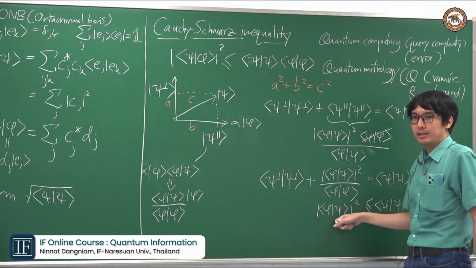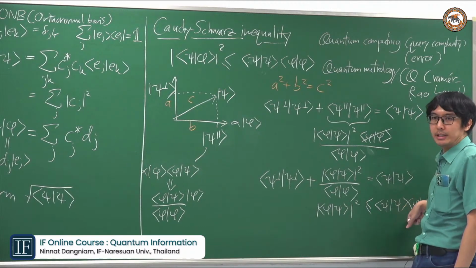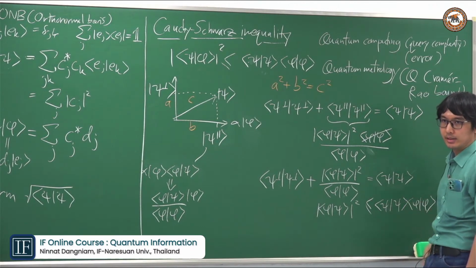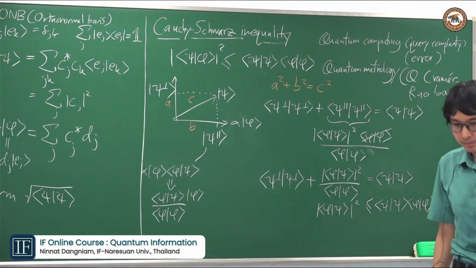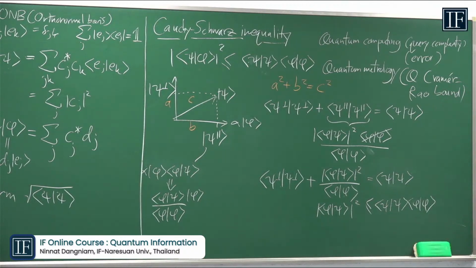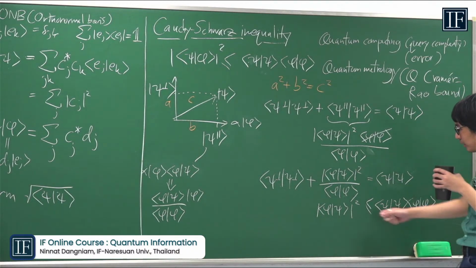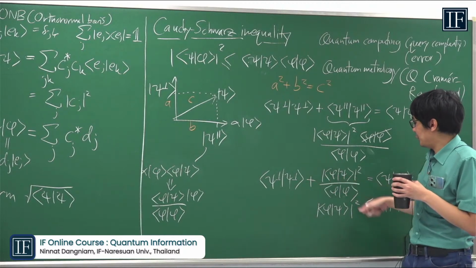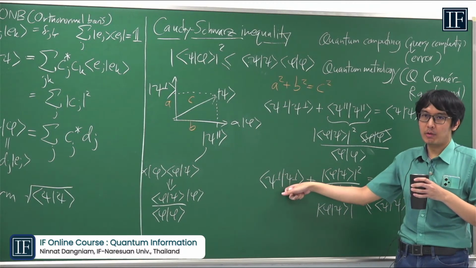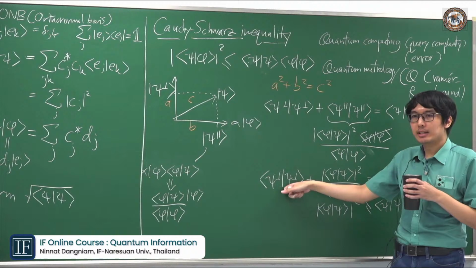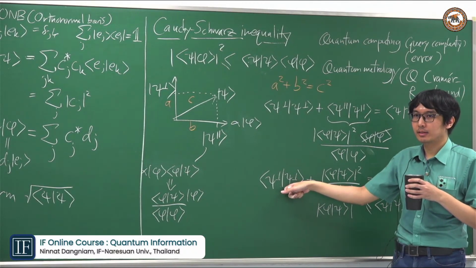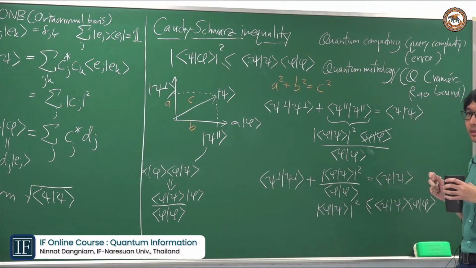Because if this is 0, but this is never 0 unless it's a zero vector. Look at the way that we do things here. I just throw away this term, and so that means this has to be 0 for the equality.